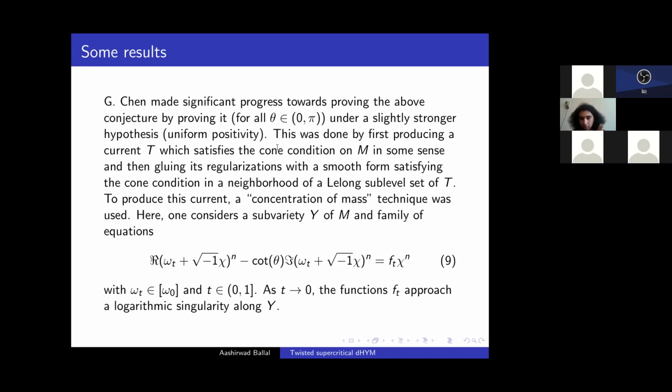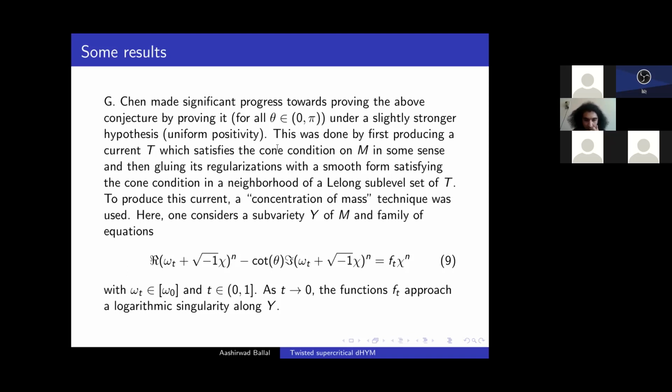And once you do that, you can roughly integrate along, you can push forward T to get a current on the diagonal which satisfies the Cohen condition. That was how Gao Chen did it. That was how he produced the current.